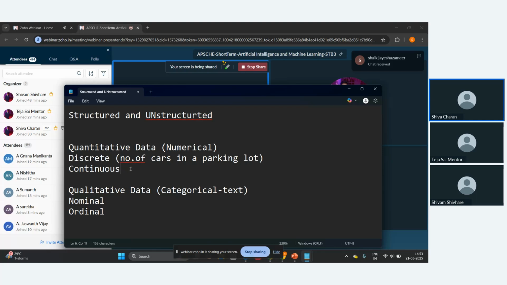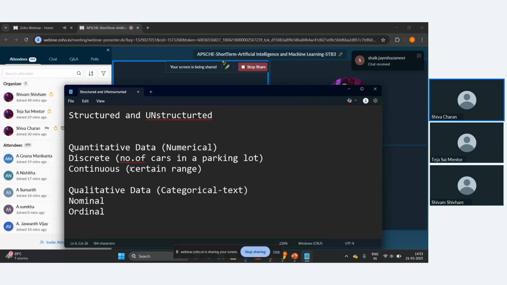So now continuous. What is this continuous? Continuous means we'll be having numerical kind of data, but the data will be within a certain range. So let's say I'm working on a machine learning model, and in regression the target column will be numerical. For now just remember regression target column is numerical.